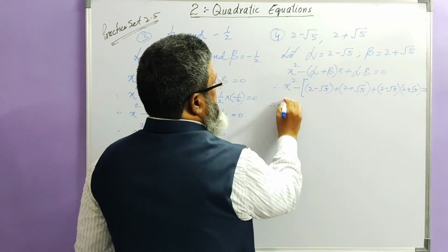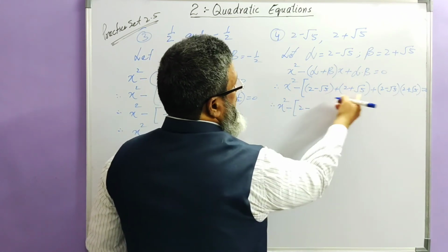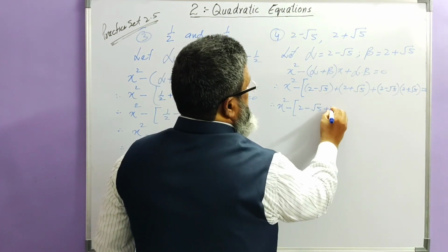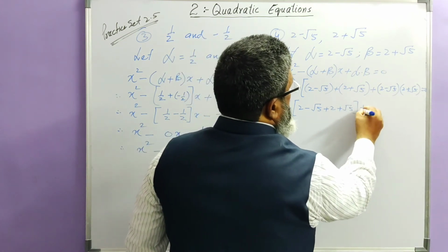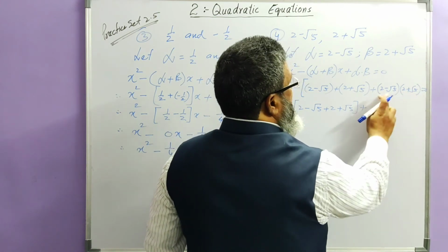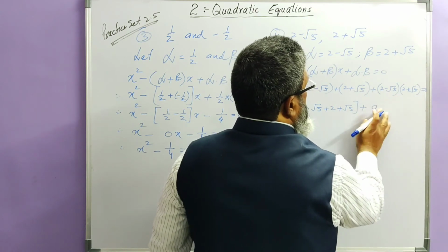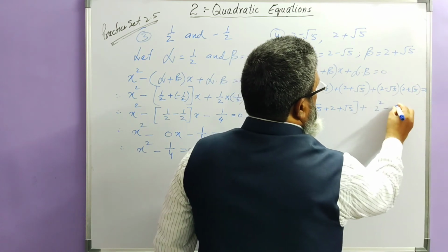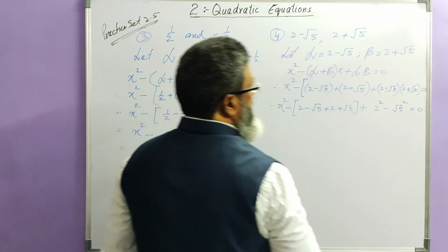See, x square minus in bracket, open these all brackets, 2 minus root 5 plus 2 plus root 5, plus here 2 minus root 5 into 2 plus root 5. It's just like a minus b, a plus b, so its formula is a square minus b square. So 2 square minus root 5 square is equal to 0.